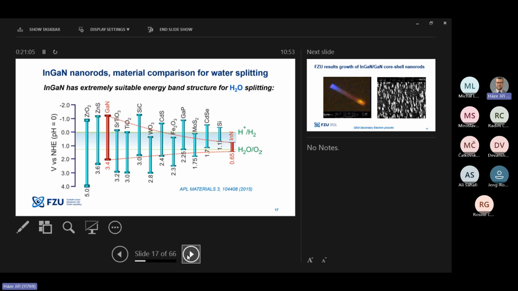So this is quite an interesting thing. There are not many materials which have this property, actually, and InGaN is unique.